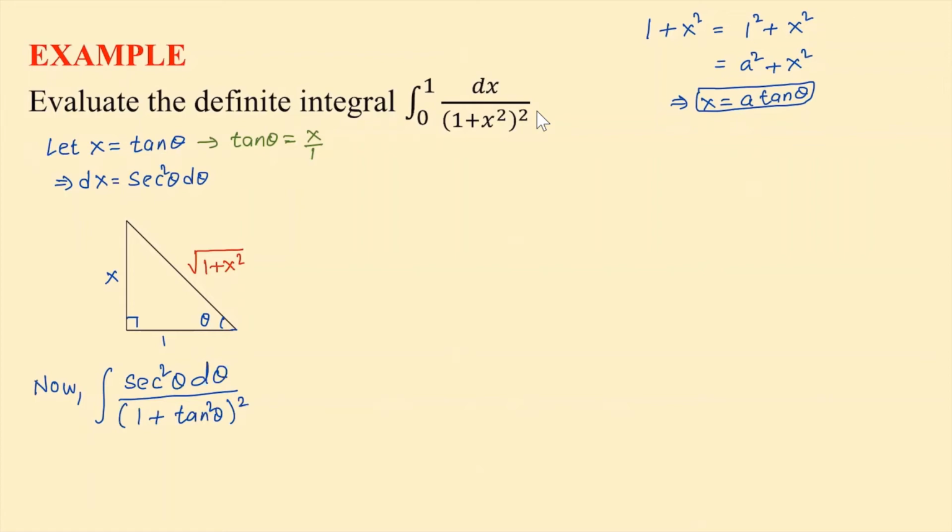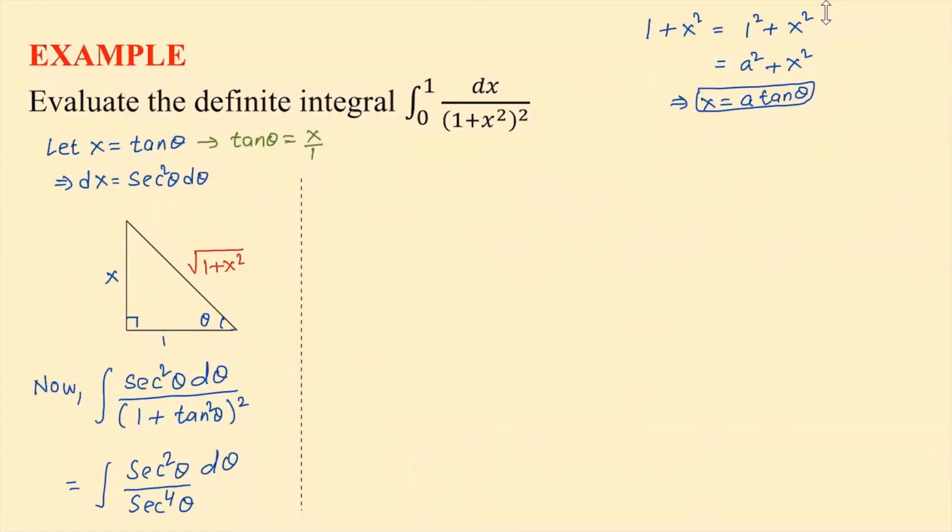So we make that substitution. Let's simplify one step further and see what we get. Secant squared theta d theta divided by, now in the denominator, 1 plus tangent squared theta is secant squared theta, and you are squaring it. So it becomes secant raised to 4 theta.